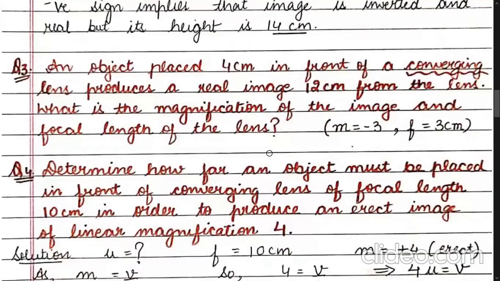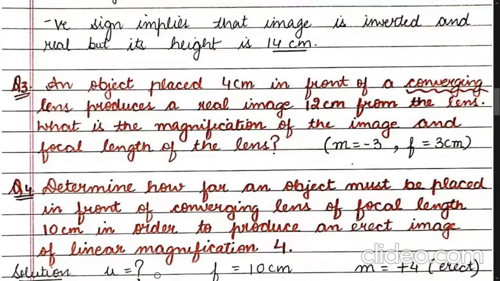So students, there is one question for you, question number 3. You have to do this question in your physics notebook and see whether you are able to get the answer as focal length 3 centimeter and magnification as -3.